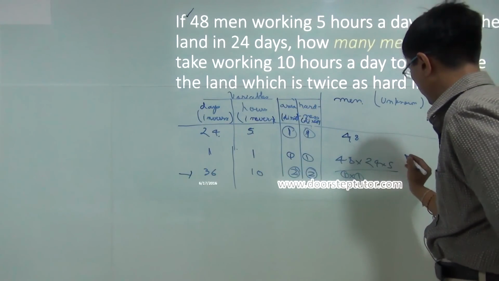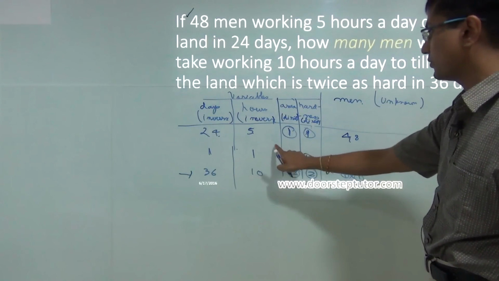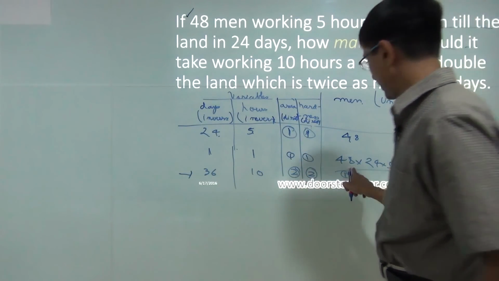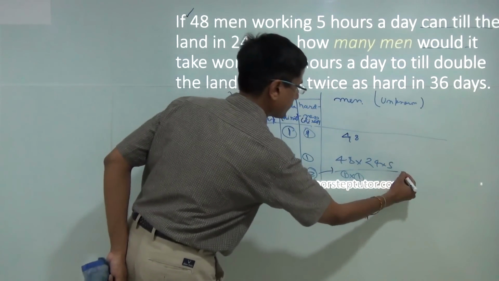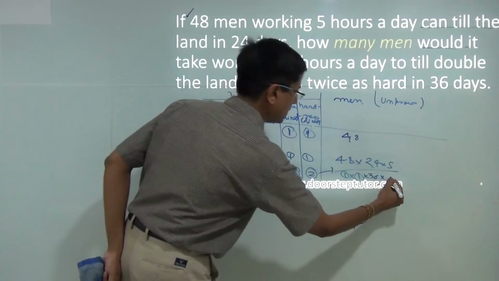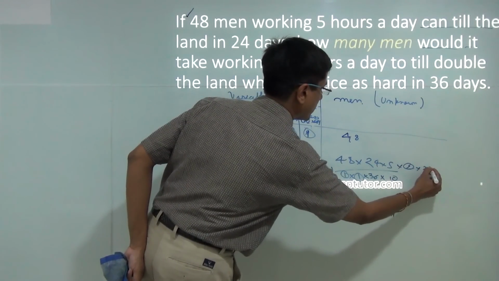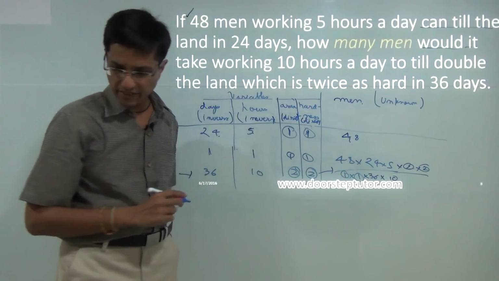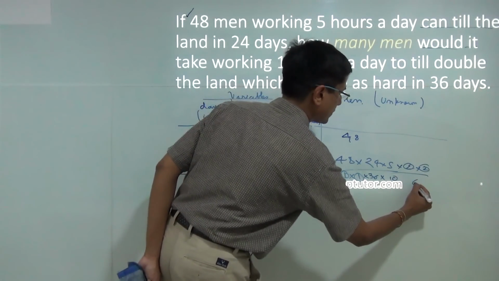So I'll change this row. This belongs to the second row, but I'll just change this value and add these terms right here. So this 36 would come here, this 10 would come here, this 2 and 2 would go here. Right. So solving this, what do we get? We get our answer becomes 64.